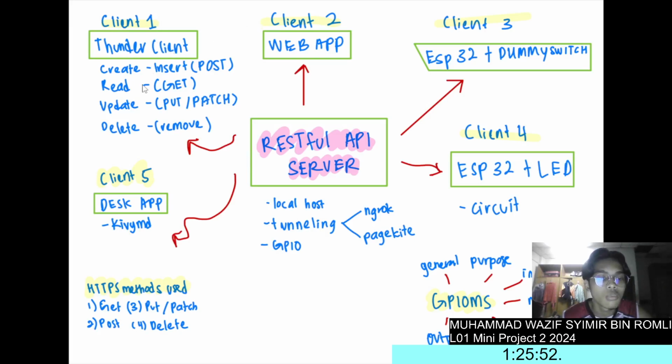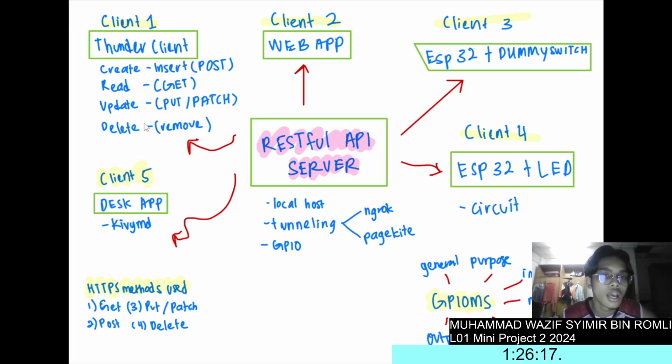Now we move to the client one, which is the Thunder Client that we use. It uses the same HTTP methods. The first one is get, for reading or getting the information about the GPIO. Next is post, for inserting or creating new GPIO pins.